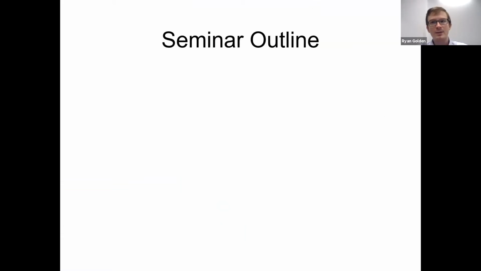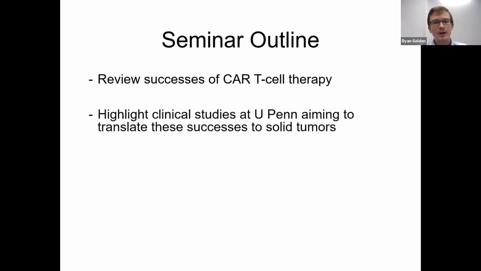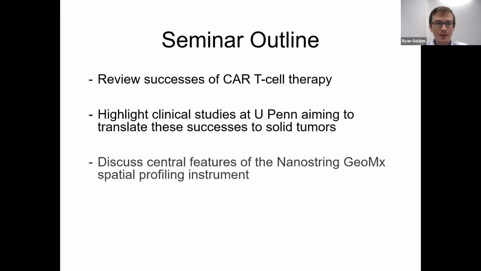To begin, here is the outline of what we're going to cover, to give you a mind map of where we're going. We want to first review the successes of CAR-T cell therapy, specifically what we've been able to do at UPenn, and then bring up the question of how we translate that success in leukemia and lymphoma into solid tumors, metastatic solid tumors that really burden society.